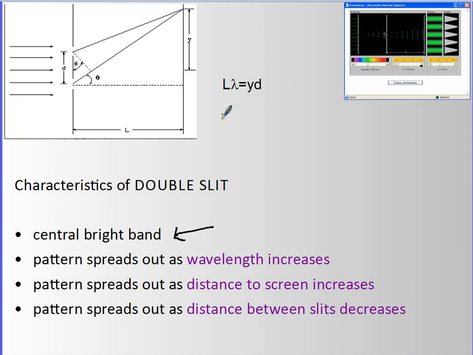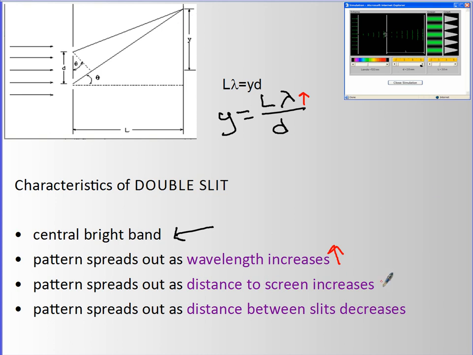Let's see what this means. y is the distance between the patterns. This is L lambda over d. As the wavelength increases, that's going to increase the distance between the center and the bright band.